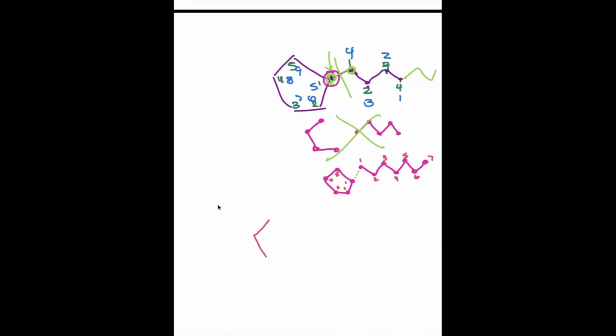So say you had this 1, 2, 3, 4, 5, 6, 7, but then you had this, and then you had this, right? Our pentane ring actually has 3 substituents, whereas this main chain only has 1.